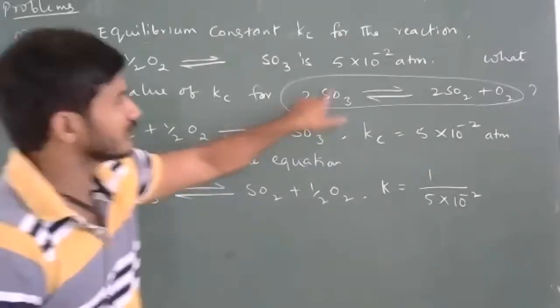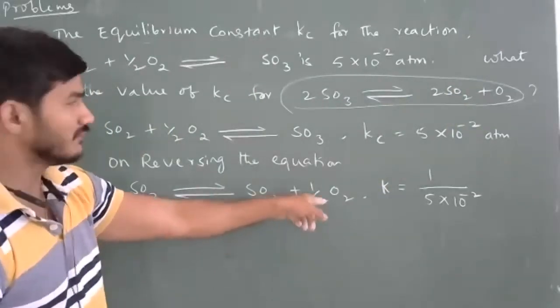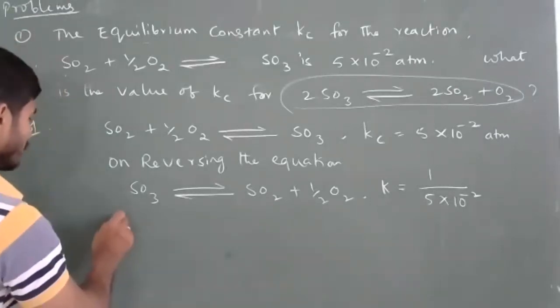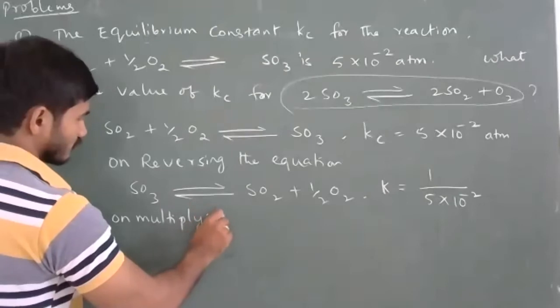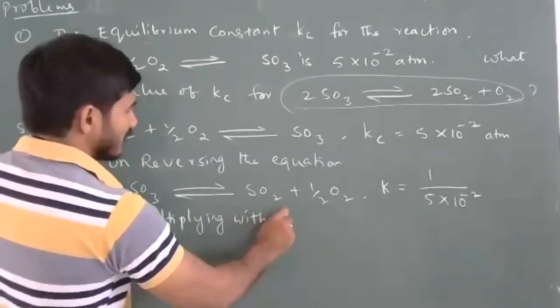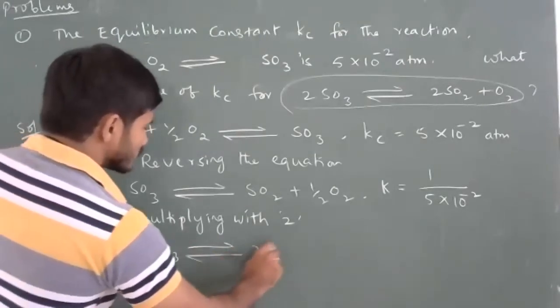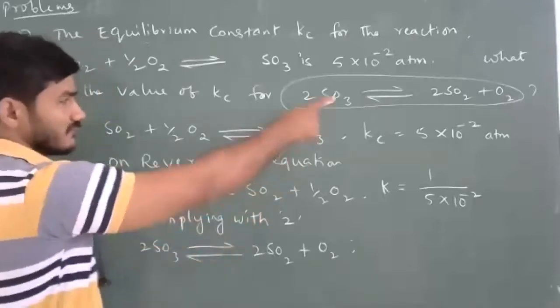Here I have 2, 2, 1, but here 1 half. So how do we get this equation from this? On multiplying with 2, we get 2SO3 gives rise to 2SO2 plus O2. Now I get the required equation.